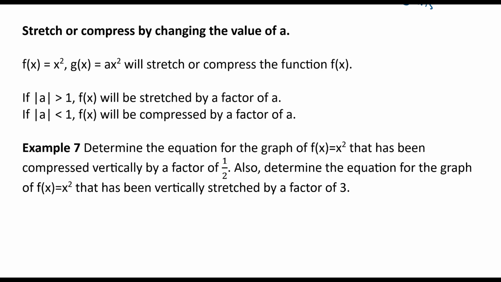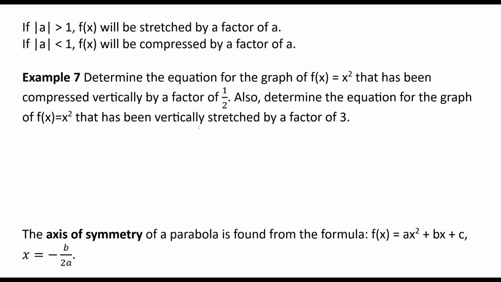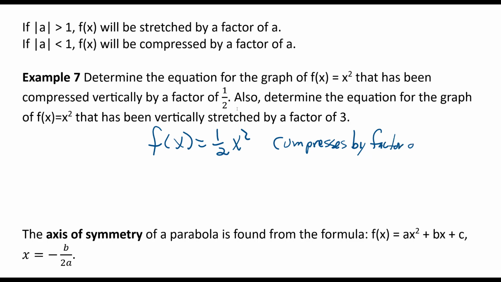Determine the equation for the graph of f of x equals x squared that has been compressed vertically by a factor of 1/2. So that'd be f of x equals 1/2 x squared, which compresses by a factor of 1/2. I'm sure someone's going to argue there's a logical statement that I wasn't logically consistent, but I'm just going to keep with that.